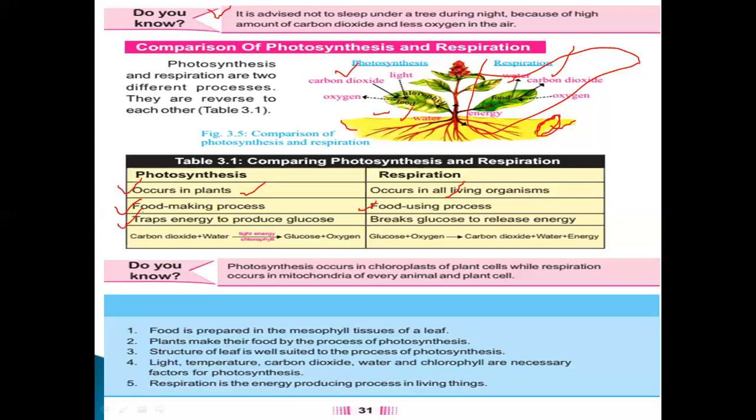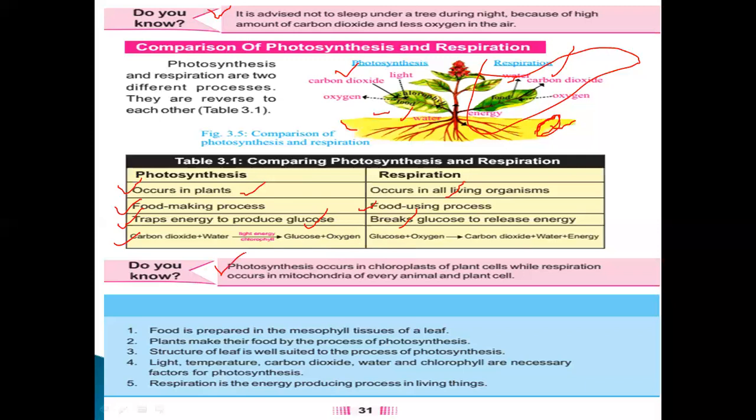In photosynthesis, energy is trapped to produce glucose, but in respiration, glucose is broken down to release energy. If you see this equation, it is exactly the opposite of that equation. That is the contrasting or comparing equation.